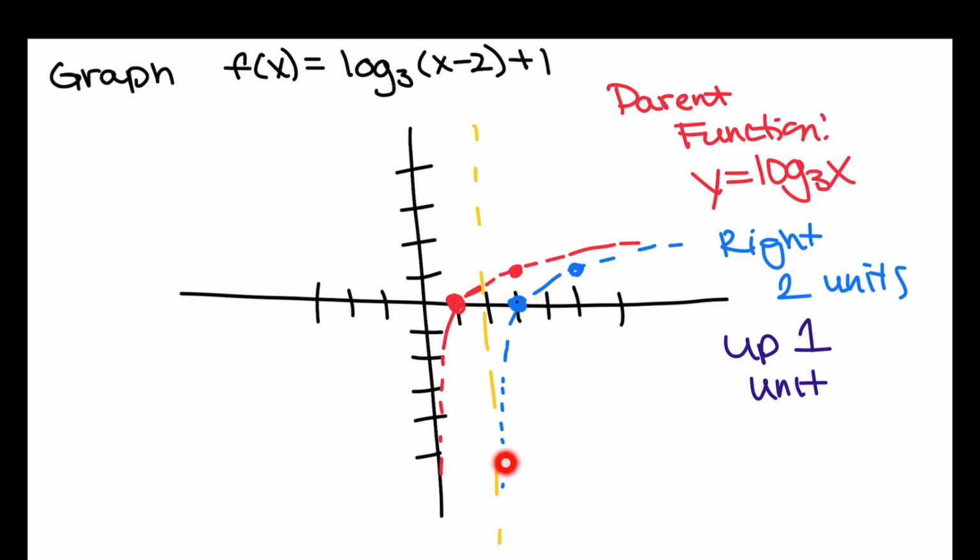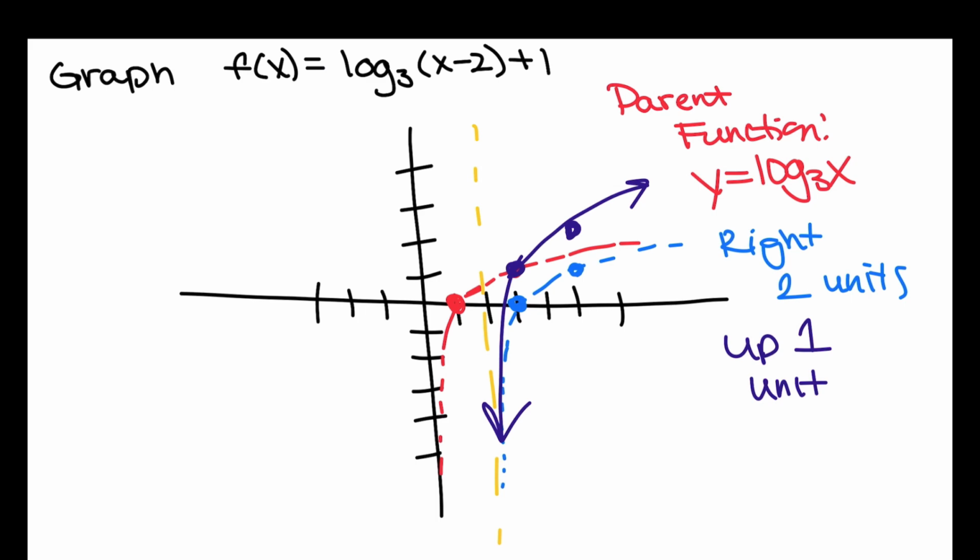So in blue is the graph of log base 3 of x minus 2. Then this plus 1 outside of the logarithm shifts the graph up 1 unit. So I take this graph in blue, I move all of my points up 1 unit. That doesn't change my asymptote, and in purple is my graph.